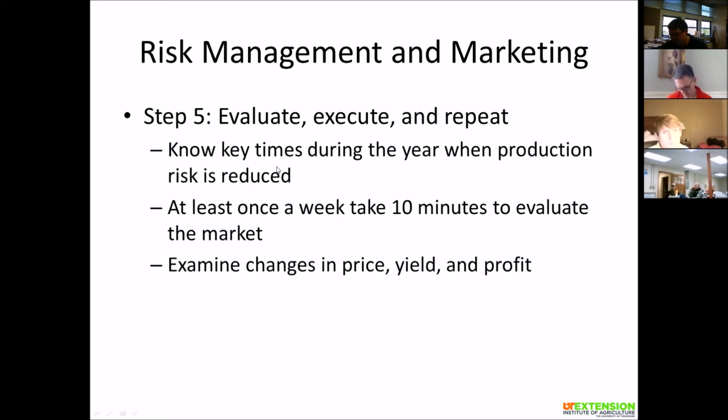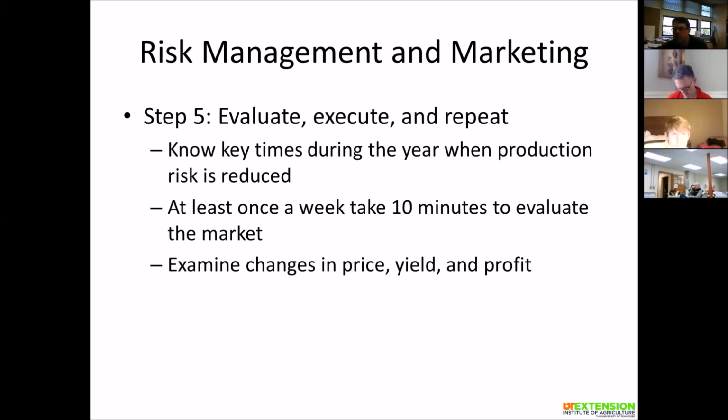Last, this is something that we always want to do, which is continue to reevaluate key changes during the production year. Also take a look at changes in global and national supply and demand, as well as what's going on in your local region, so that you can evaluate whether your marketing plan needs to be modified.